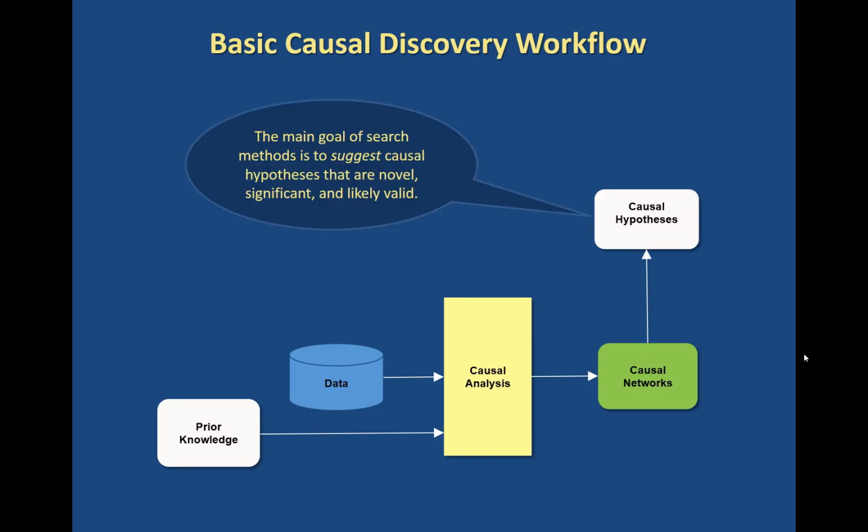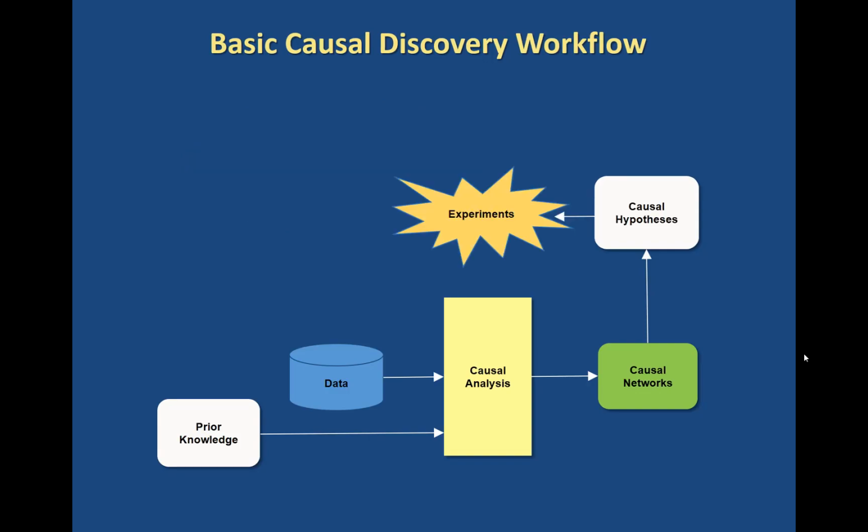And the main goal of the search methods is to really suggest causal hypotheses, not to exactly figure out what particular hypothesis is the correct or true one. So the causal hypotheses we generate lead to experiments we can do, which produce more data and more prior knowledge. And so it's a circle we continue to iterate on forever.